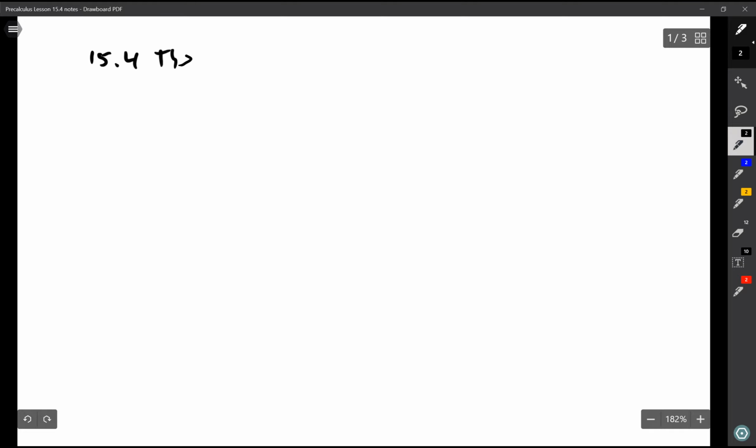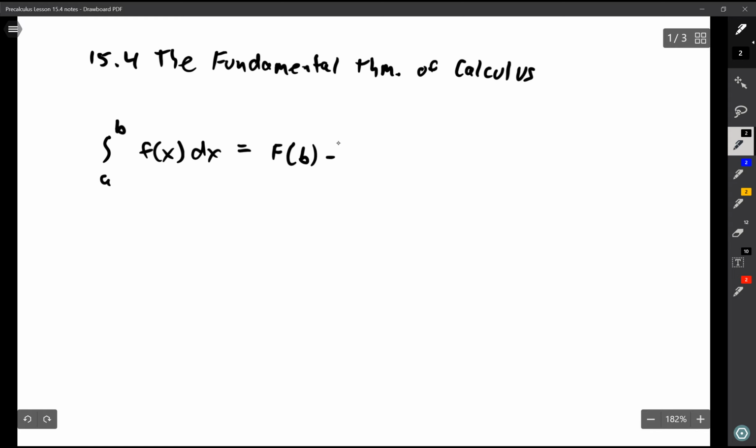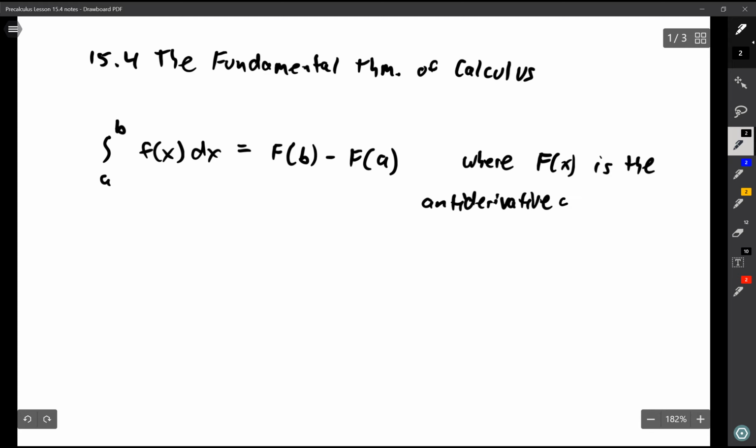The fundamental theorem of calculus. And just cutting to the chase, it's this: the integral from a to b of f of x dx equals capital F of b minus capital F of a, where capital F of x is the antiderivative of f of x.